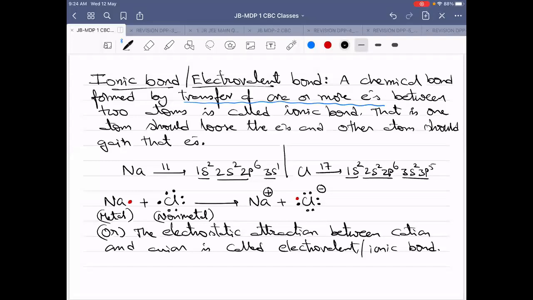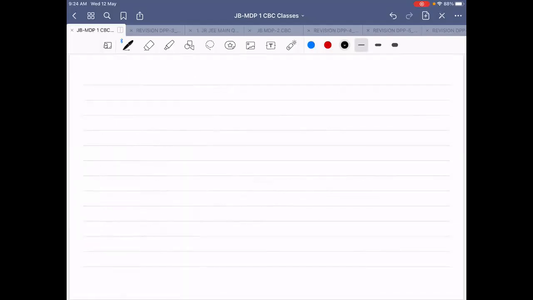Sir, can you give an example for a dative bond? I did not give the examples for dative bond. Okay, as you are asking, I will give you the example.